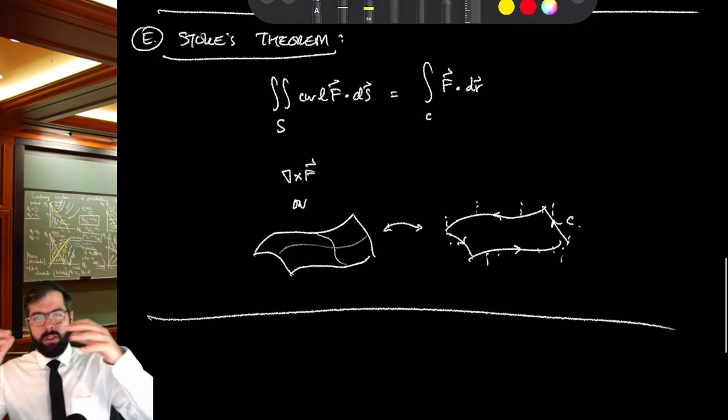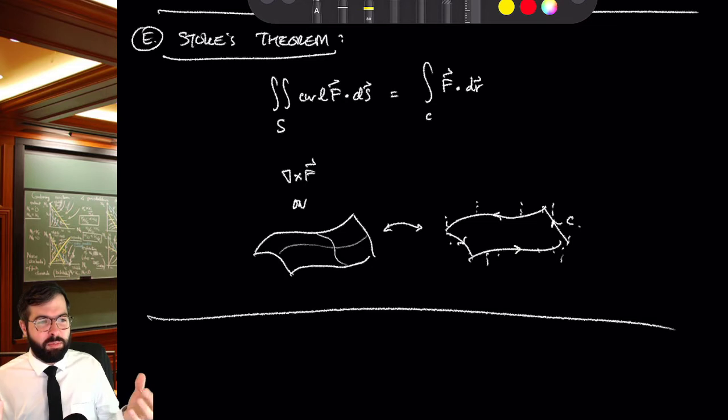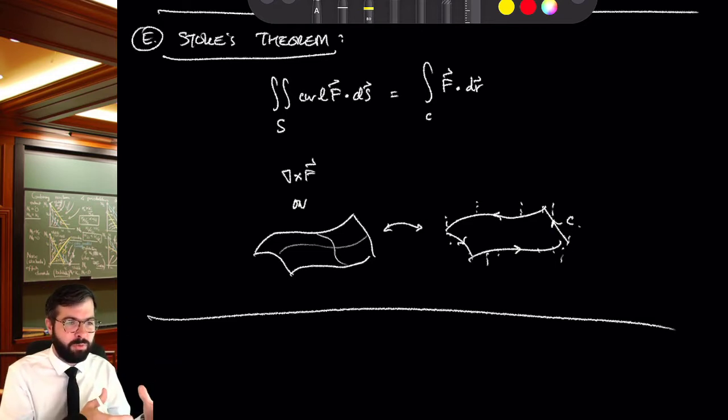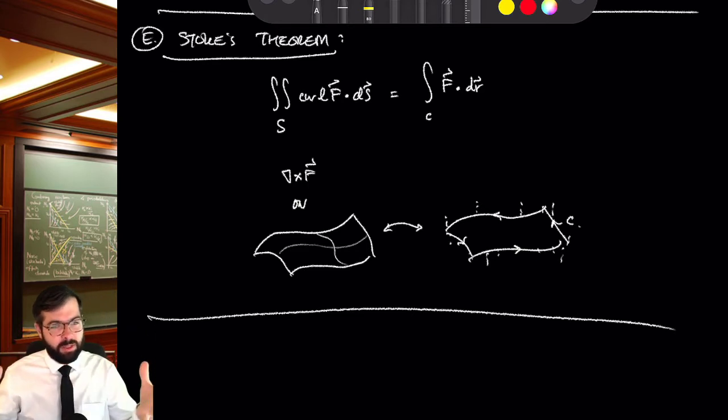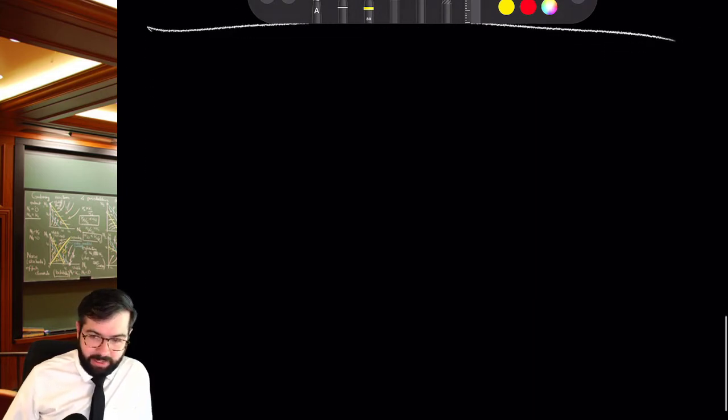So it's like, we can judge a book by its cover is the weird little lesson that we're learning here, right? If you have information about the boundary, that will tell you about the interior of the region, and vice versa. If you know about the interior of the region, that can tell you about what's happening at the boundary. And so the divergence theorem is another emanation of that. And so that's where we're heading.